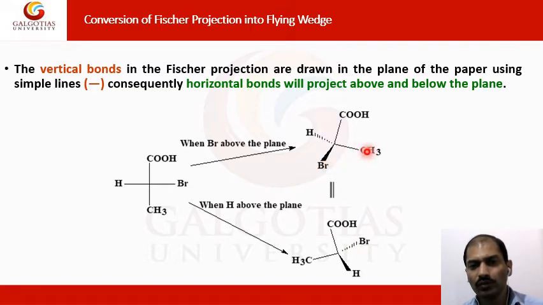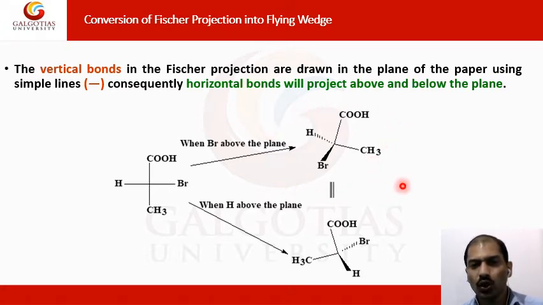Once the bromine changes, their positions change. When the different groups, like the bromine atom or the hydrogen atom here, are above the plane, the orientation of the molecule will look like this.